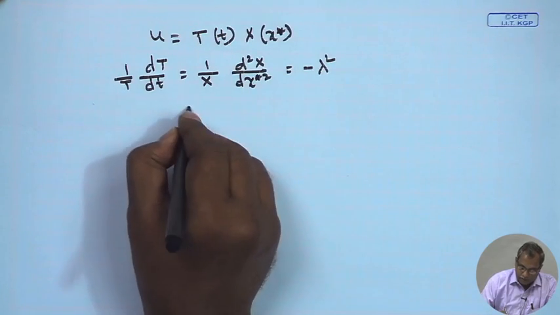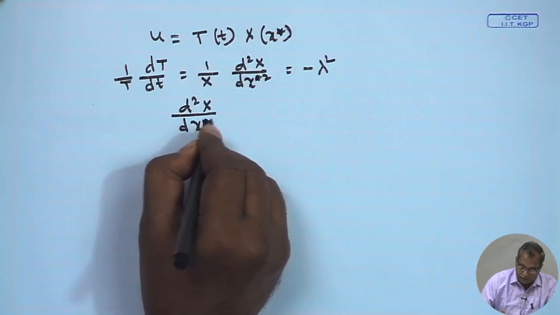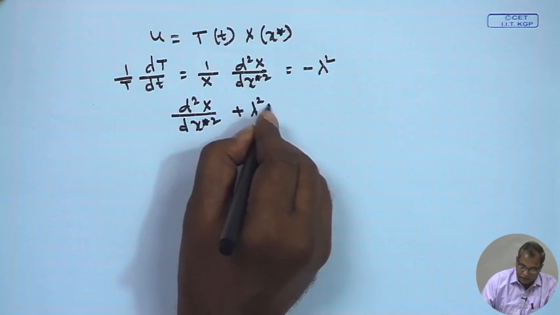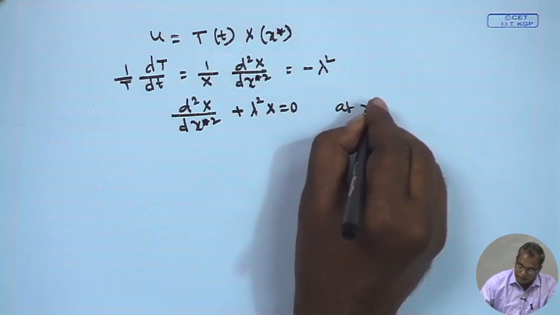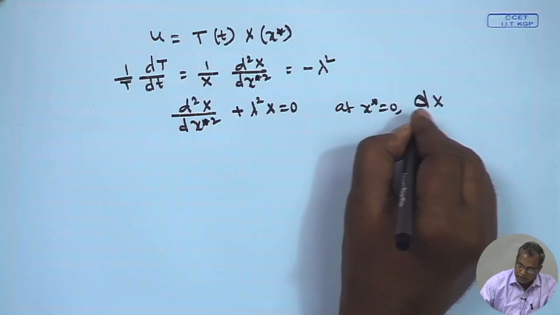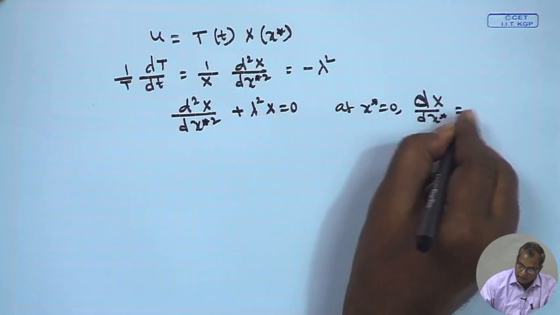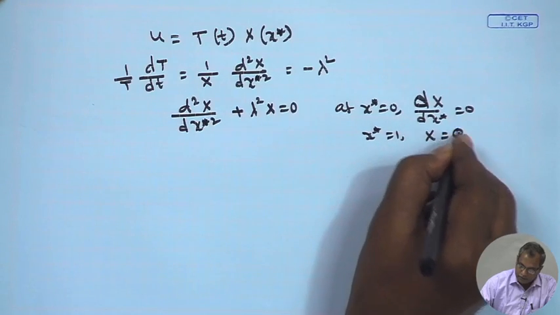Let us write down the eigenvalue problem in the x star direction: d square X dx star square plus lambda square X is equal to 0, subject to, at x star equal to 0, dX dx star is equal to 0, and at x star equal to 1, capital X is equal to 0.